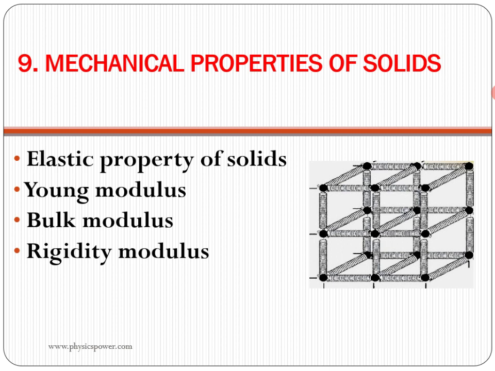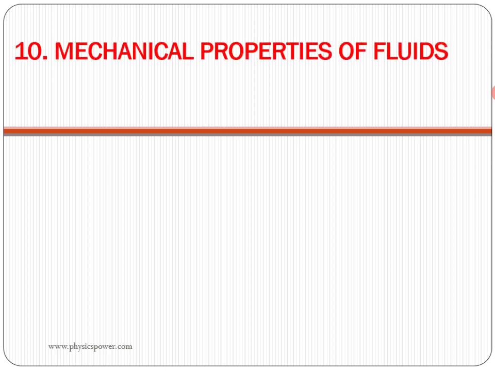If you remove the force, immediately due to the restoring force of the spring, the atoms will come back to the same initial positions. They explained the reason for elasticity this way, and the detailed relations between these will be there in this lesson.